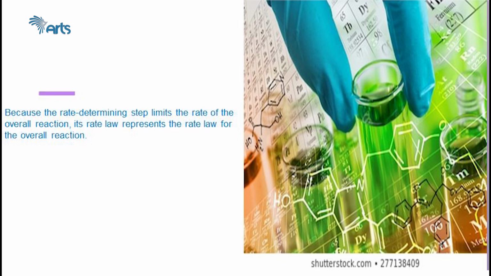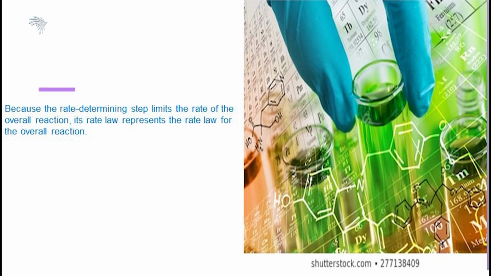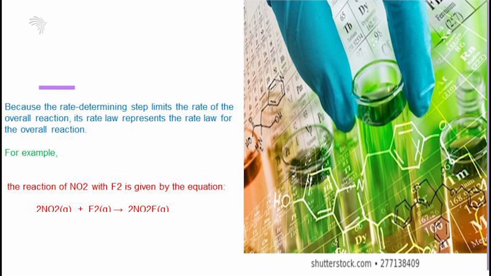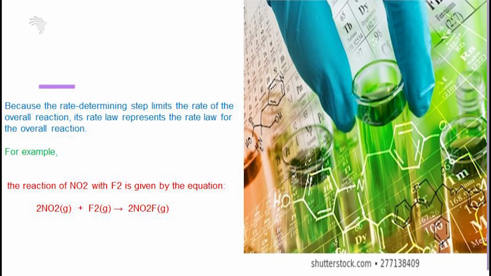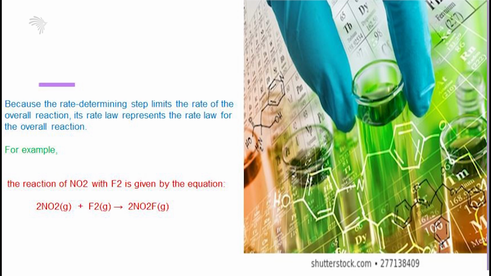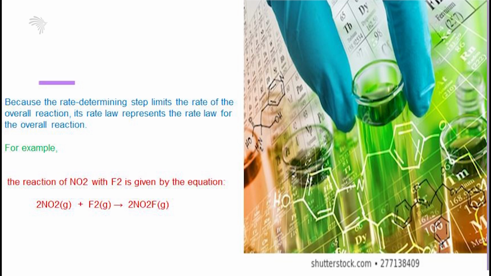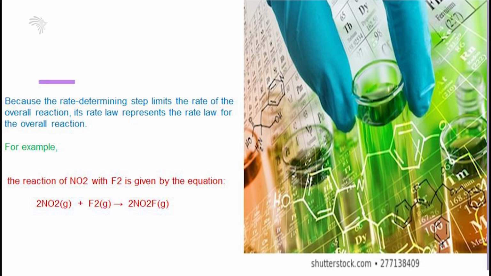Because the rate determining step limits the rate of the overall reaction, its rate law represents the rate law for the overall reaction. For example, the reaction of nitrogen dioxide with fluorine is given by the equation: nitrogen dioxide gas reacts with fluorine gas to yield nitrogen dioxide.